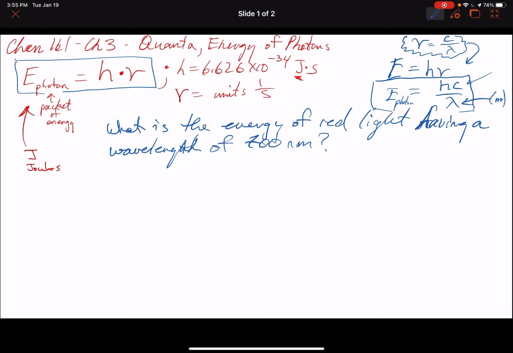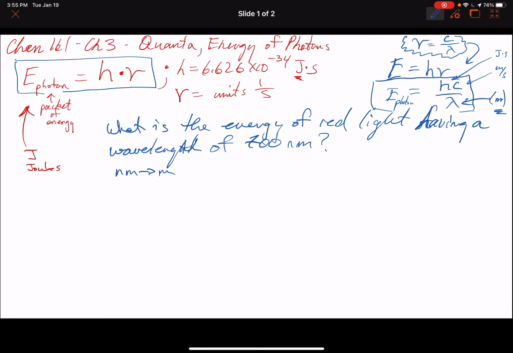We know the constant here is meters per second. And we have the other constant, which is Planck's constant in joule seconds. We can see here the importance of using lambda in meters. So our first strategy is going to be converting the 700 nanometers into meters is the first part of this problem. Thereafter, we can apply that new equation of ours.